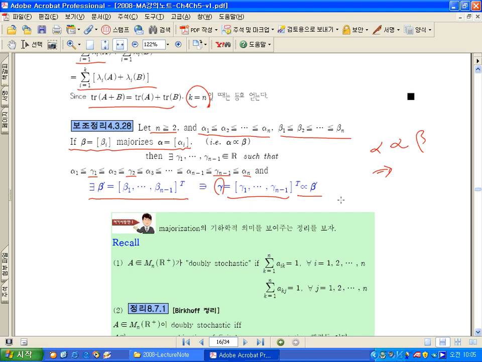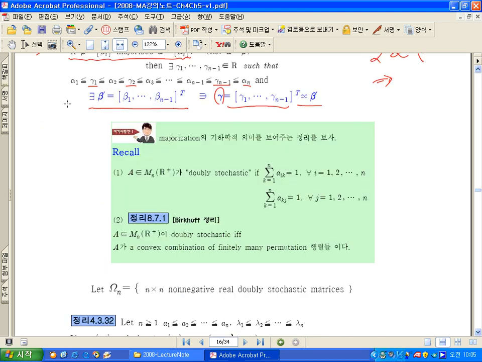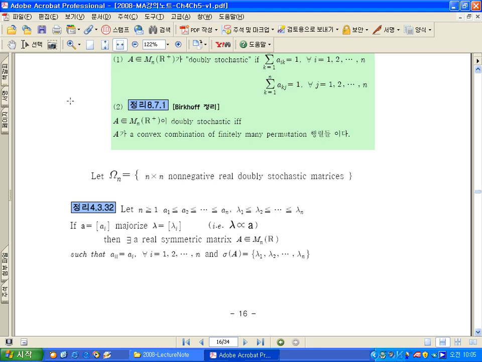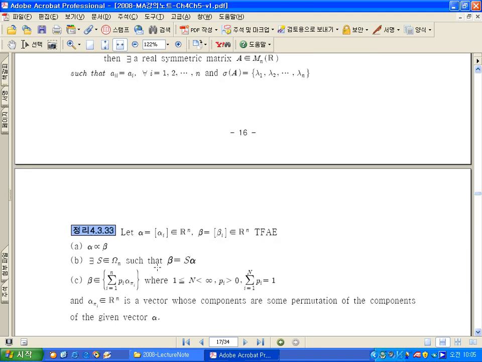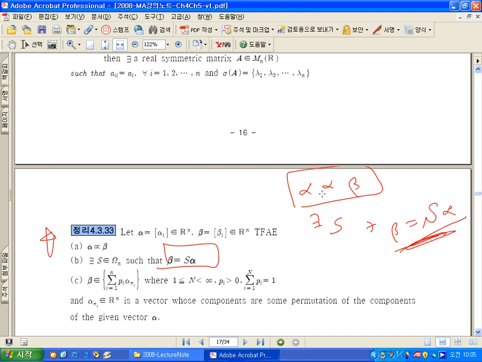Actually, this is a lemma. It's not a corollary. The reason that we show this is to have this. That lemma will be used to get this: if alpha is majorized by beta, then there exists a doubly stochastic matrix S such that beta is equal to that matrix times alpha. This is very important.